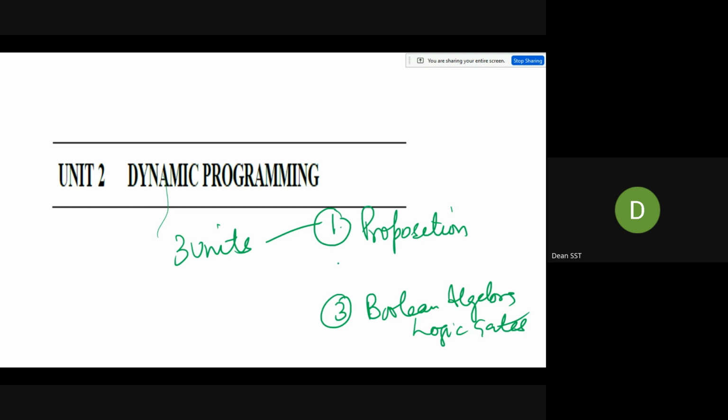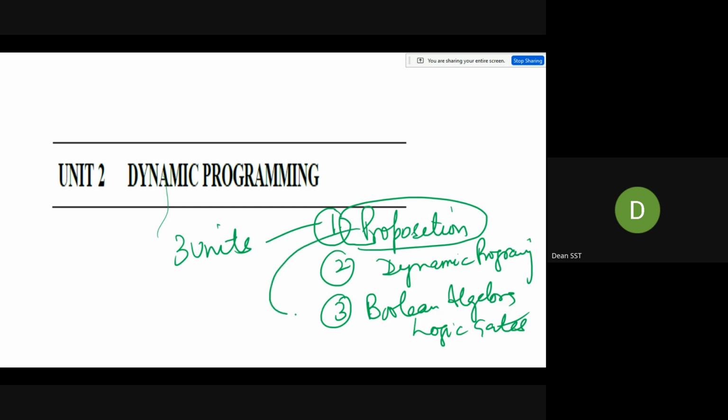And the second unit was your dynamic programming. Because in this book, first and third were directly connected, we have completed first and third. And now we are starting the second chapter of this book, that is dynamic programming.